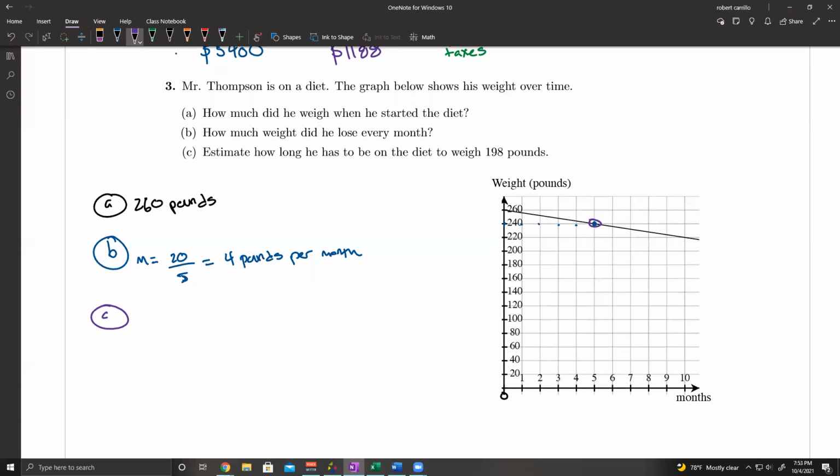And then the next clearest point looks like it's at 10 months. And in 10 months, he's at 220 pounds. So this means in another 5 months, where do you think it would be?